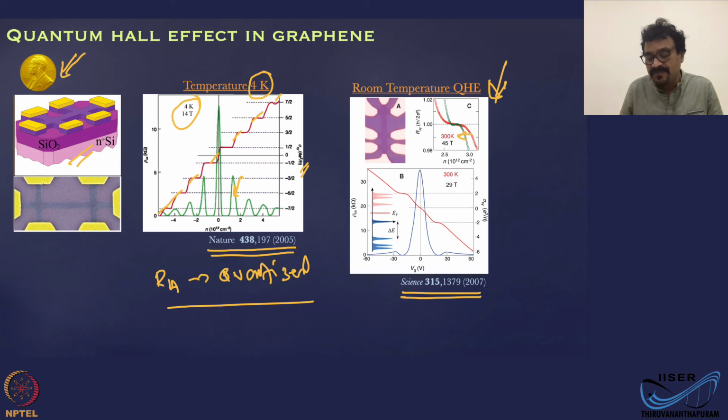That is awesome. So what you have now is you have seen this effect starting from a silicon MOSFET. Then we moved on to gallium arsenide heterostructure, two-dimensional electron system. There also you saw the same effect.